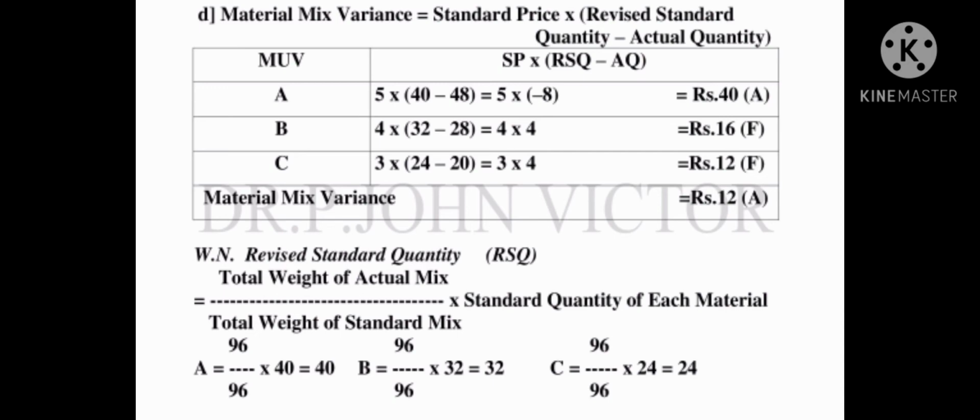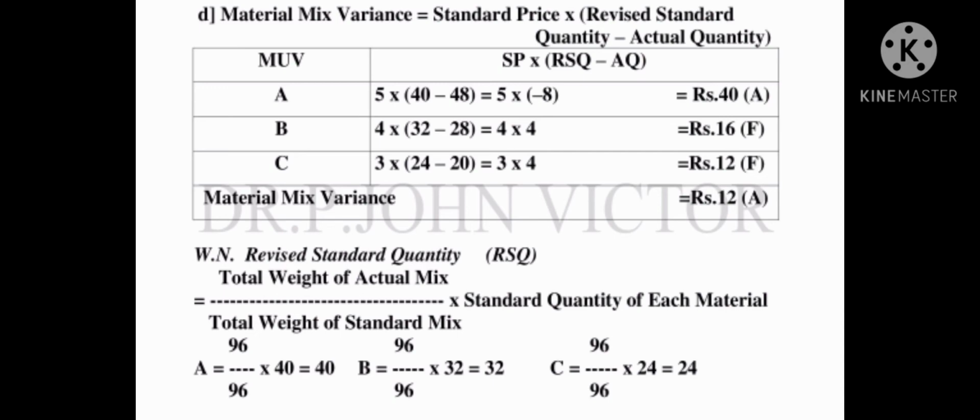So we only have to take the total actual quantity and total standard quantity. Into standard quantity of each material. So we have to divide the actual weight by standard weight and multiply with the standard quantity of each material, product A, product B, product C, whatever is given. So for A we have to take, for B likewise. Okay, so this is the formula content.